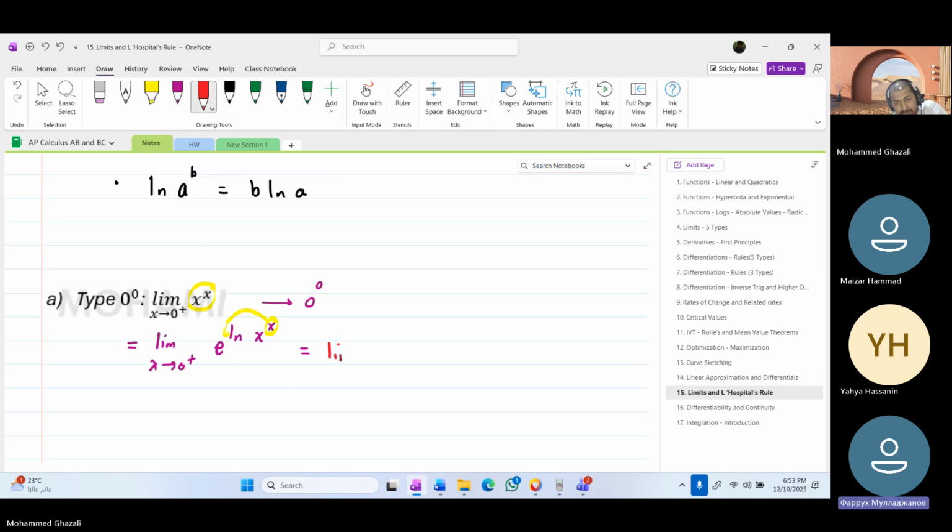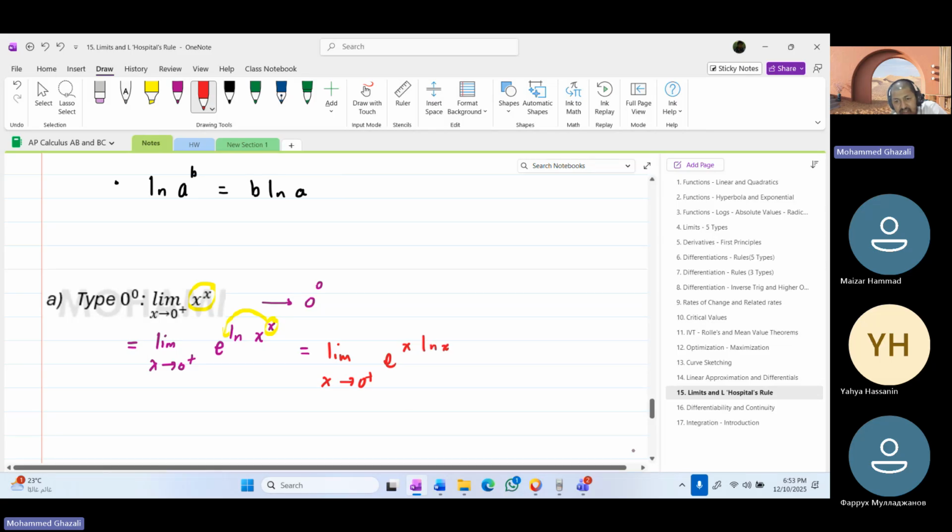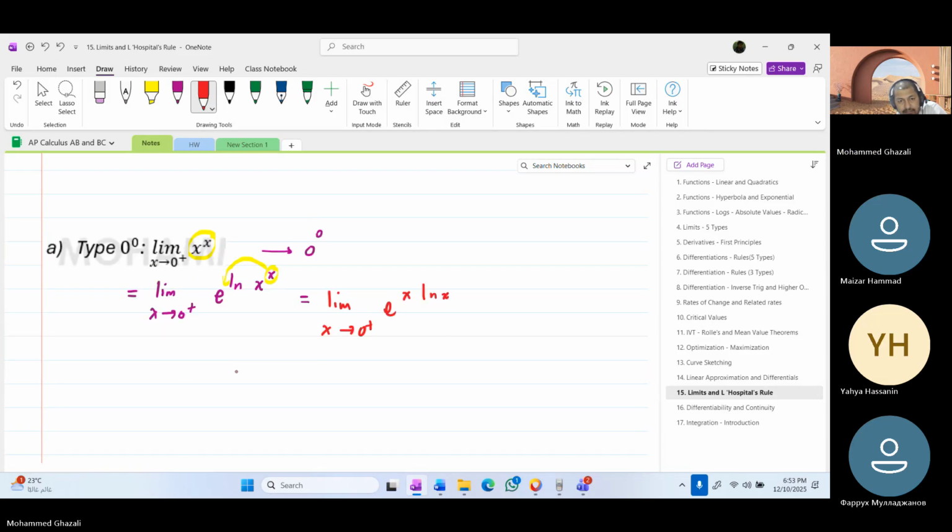So it will be the limit as x approaches 0 from the right of e to the power of x ln x. Now we can take the limit inside the power. We can move this entire limit onto the power over there.